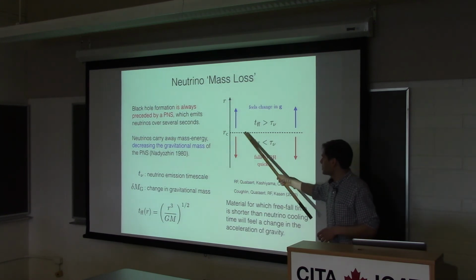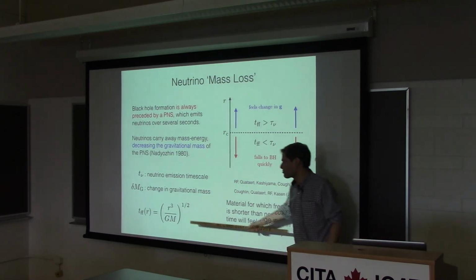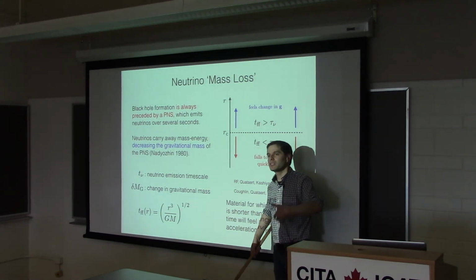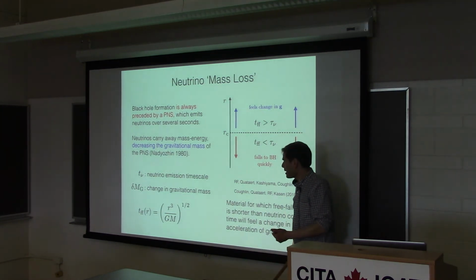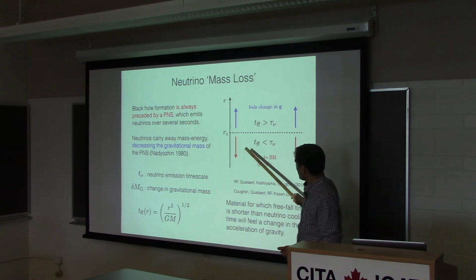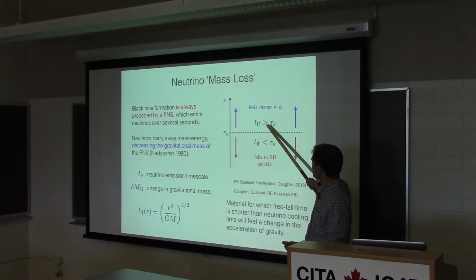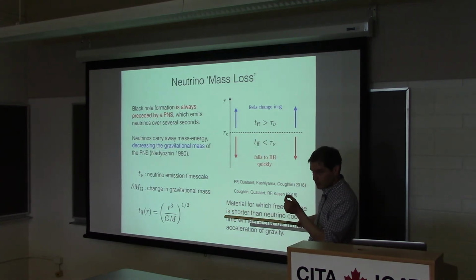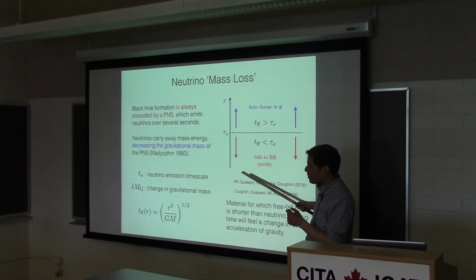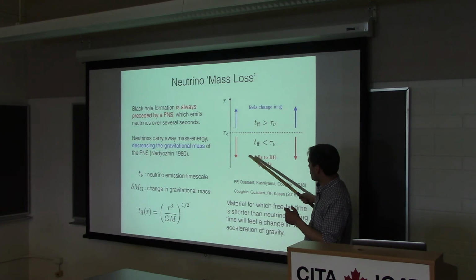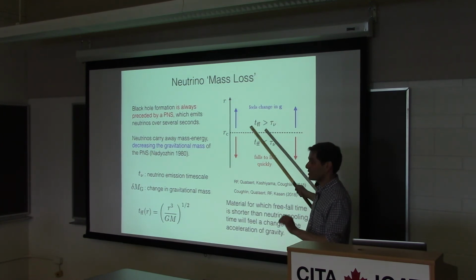Now, if you want to see where the transition is, one can consider the free fall time, which is the time scale over which matter will respond to a change in gravity. There's a radius outside of which the free fall time is longer than the neutrino cooling time, meaning that the time it takes for this material to begin falling to the black hole is longer than the time it takes for the gravity to change.